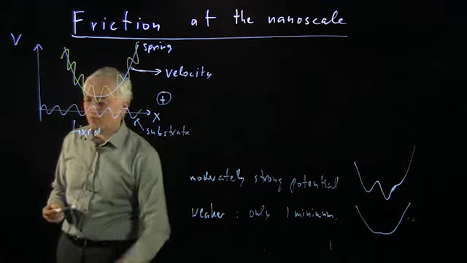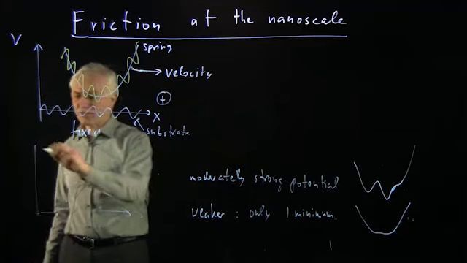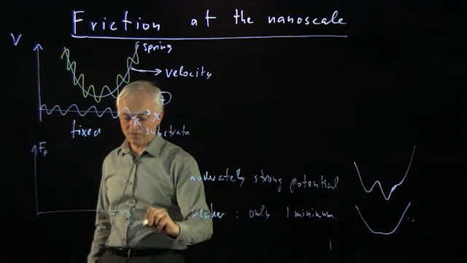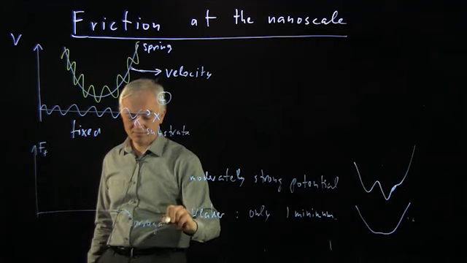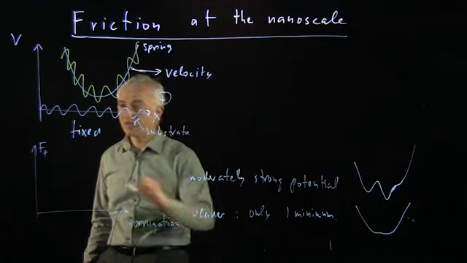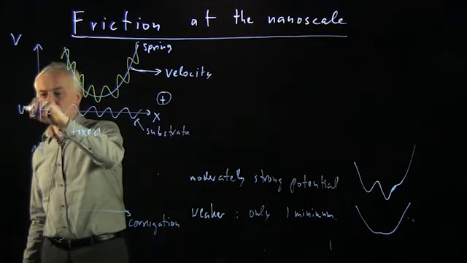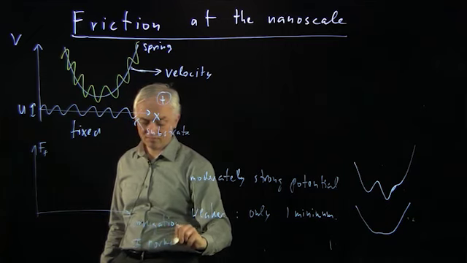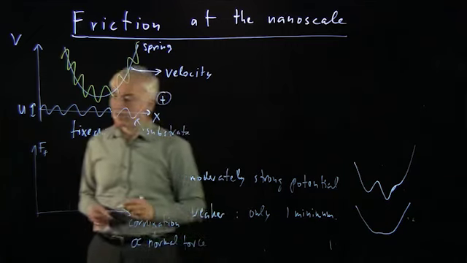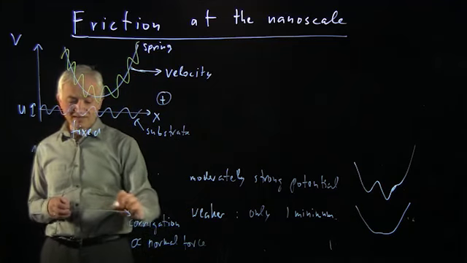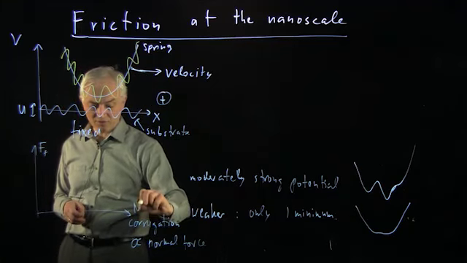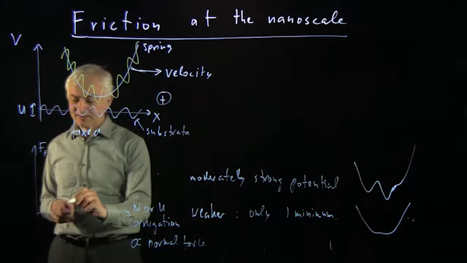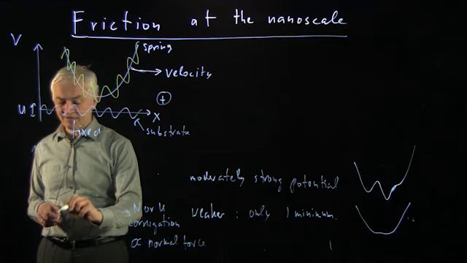If in this model we plot the friction force versus the corrugation of the potential, which we'll call U, and which is proportional to the normal force for a macroscopic object, then what we find is a linear dependence, but only above a certain critical value.